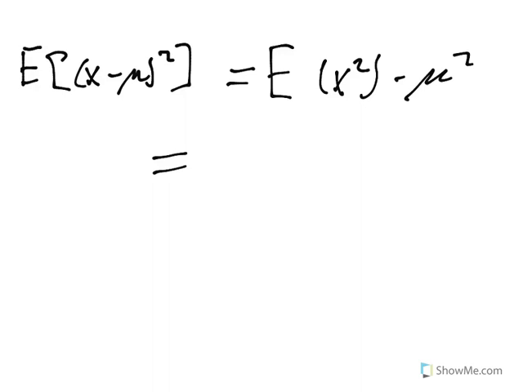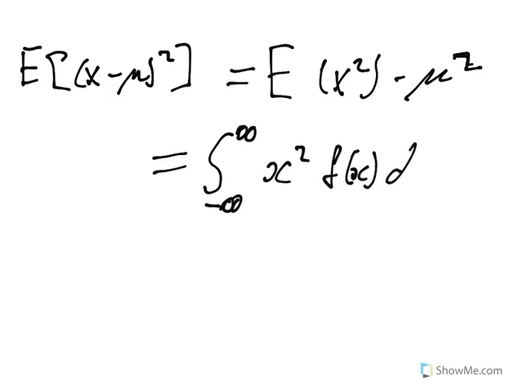There are similarities, but they're not precisely the same, of course. The expectation value of x squared is the integral from negative infinity to infinity of x squared f of x dx, and of course we've got to take our mean squared away from that.